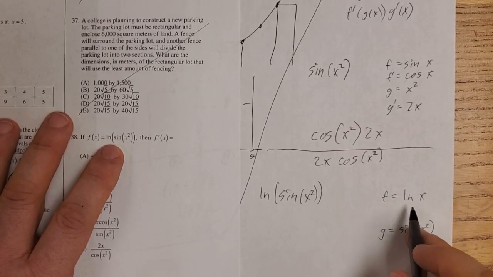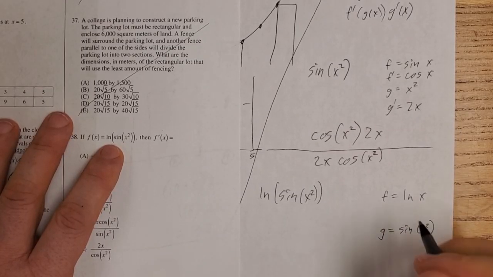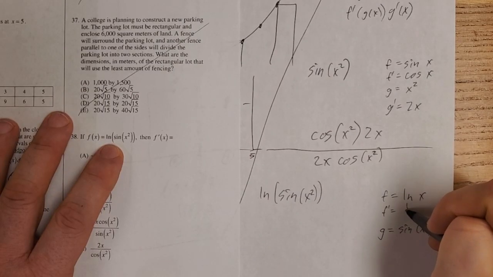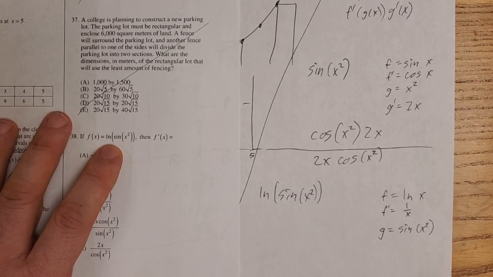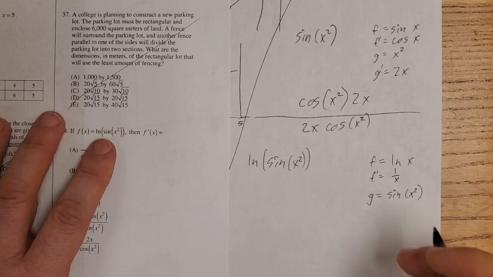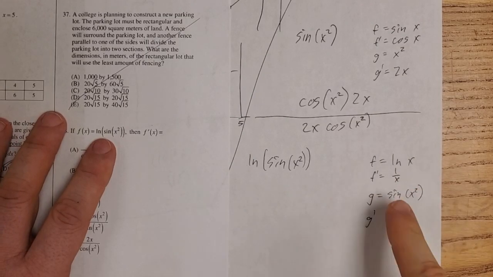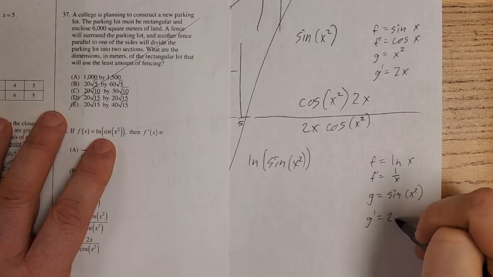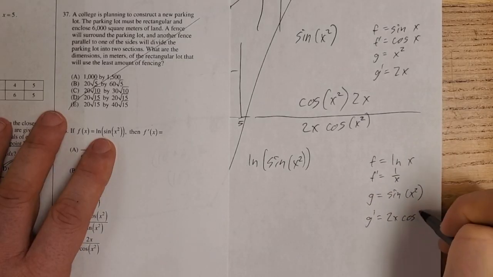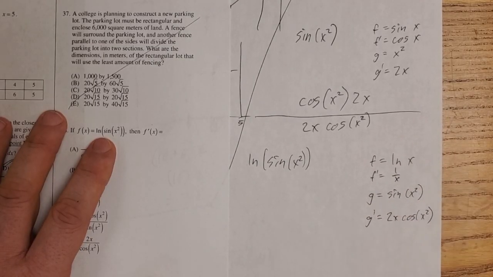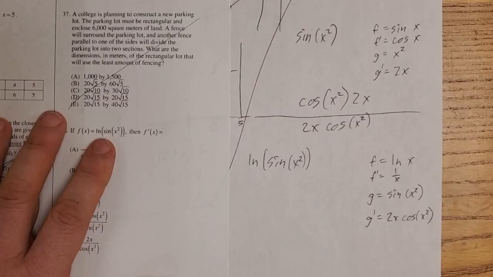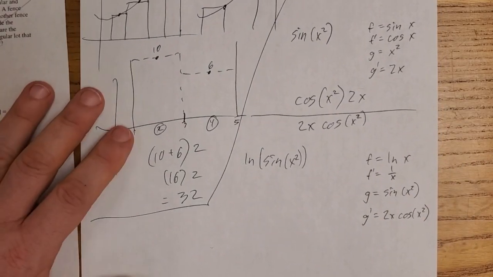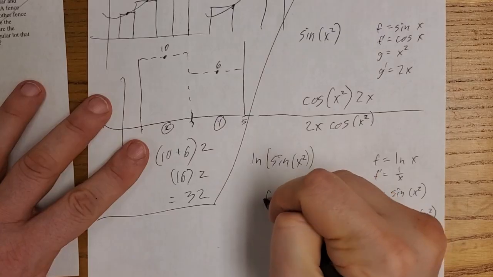And so the derivative of natural log is 1 over x, and the derivative of the sine of x squared is what we did up here, 2x cosine of x squared. So now we take all that and plug it into the chain rule formula again.